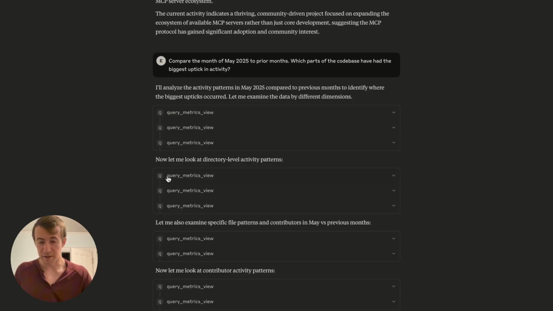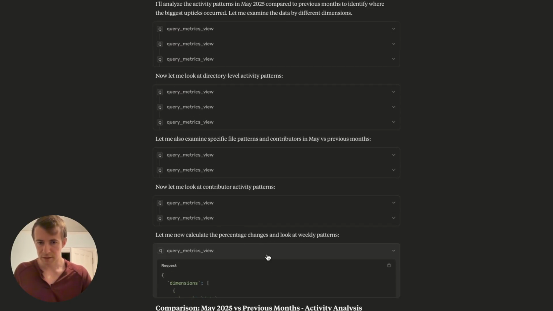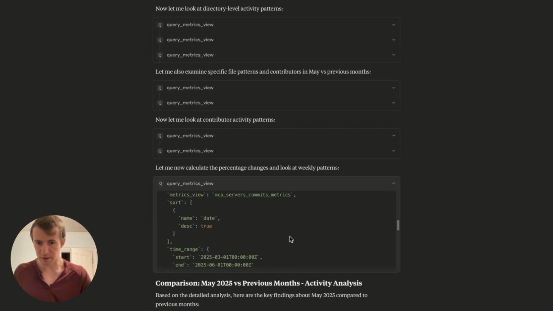Claude's really gone above and beyond here. It's doing a bunch of different cuts of the data, looking at different dimensional cuts, and ultimately it's doing a final one here with what it thinks is interesting.